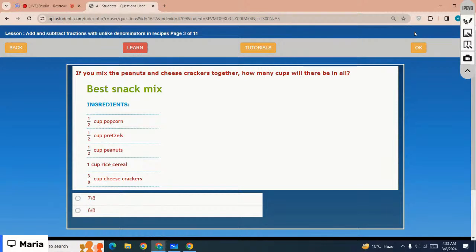So, which is the correct option? The correct option is, yes, that is 7 over 8. Option number 1 is the correct option. Very good.